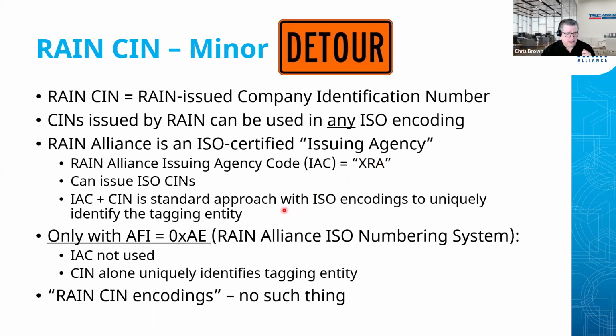But in a RAIN Alliance ISO numbering system encoding, which is the focus of today, I do not need to put the IAC in there. So when the AFI is Alpha Echo, that's our RAIN Alliance ISO numbering system, the IAC is not used. The SIN alone uniquely identifies the tagging entity. And as a final reminder, RAIN SIN encodings, no such thing, okay?